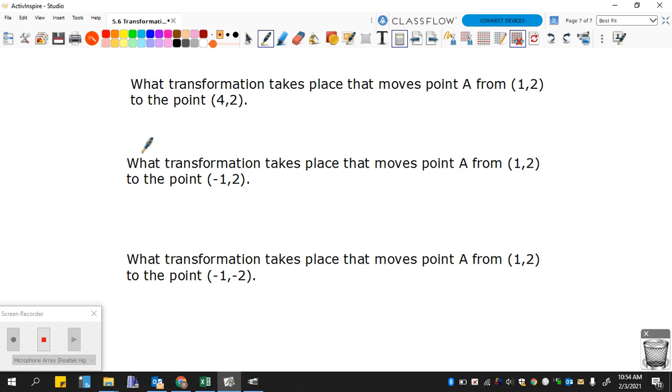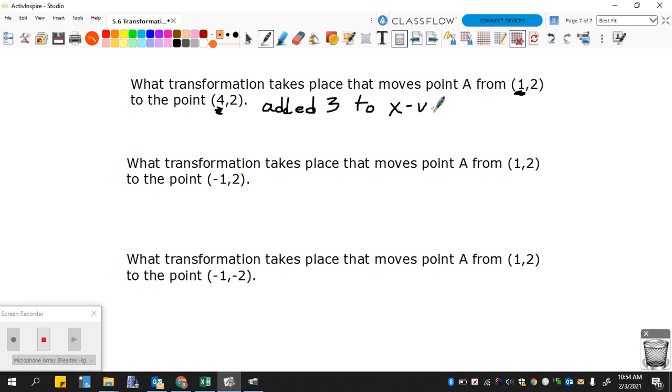Now, what transformation takes place that moves point A from (1, 2) to the point (4, 2)? So what did we do? Well, the x changed from 1 to 4, which means that we added 3 to the x value.